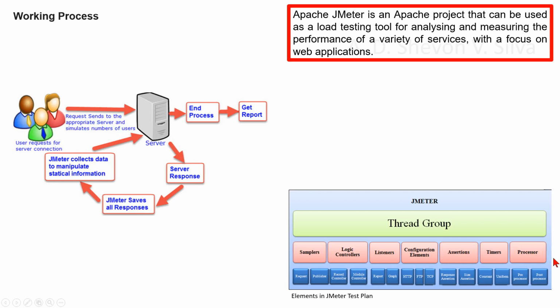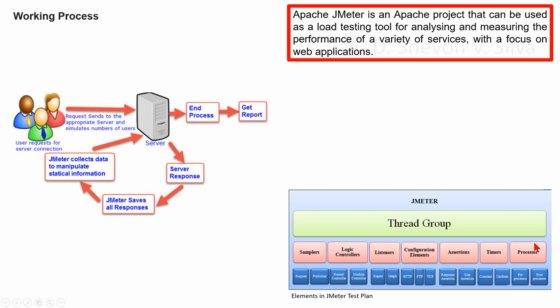Here we will provide a brief overview of the most commonly used elements in JMeter and their features. Test plan. A test plan is the top level body of JMeter, and explains the sequence of steps executed at runtime. A final test plan is made up of one or more thread groups, samplers, logic controllers, listeners, timers, assertions, and configuration elements.